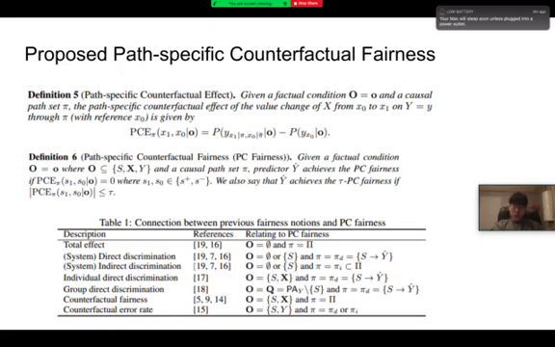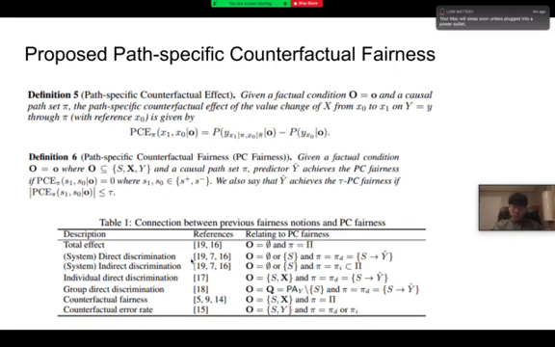So in this section, we defined a unified fairness notion for representing different causality-based fairness notions. And the key component of this notion is a general representation of causal effects. And the paper shows that the previous causality-based fairness notions can be expressed as a special case of the PCFairness, and their connections are summarized in this table.